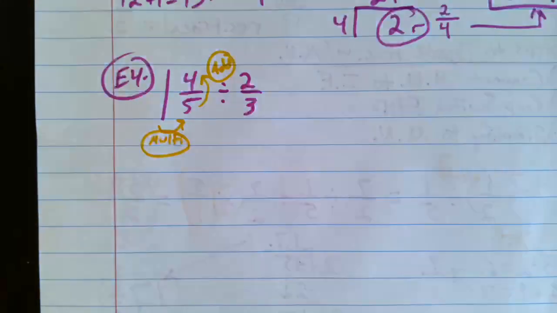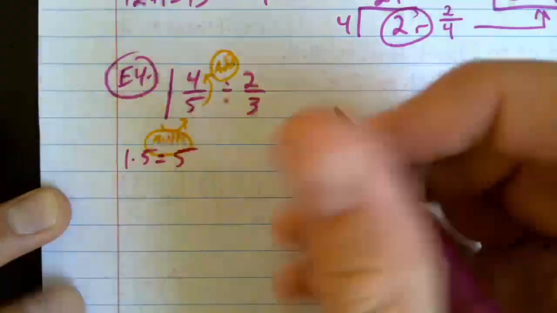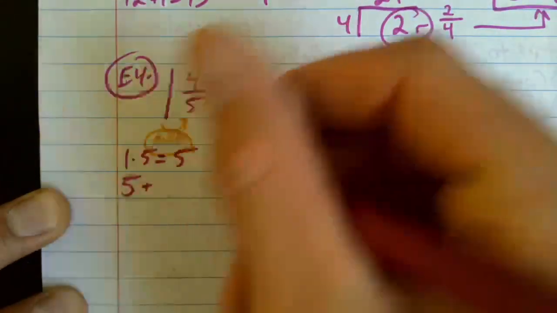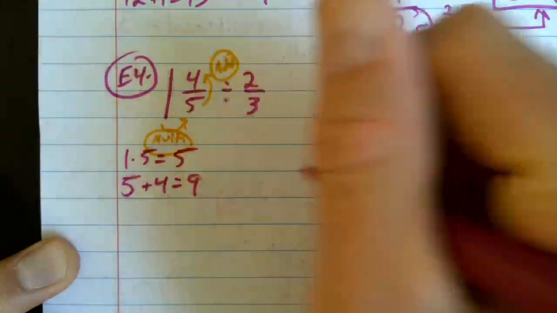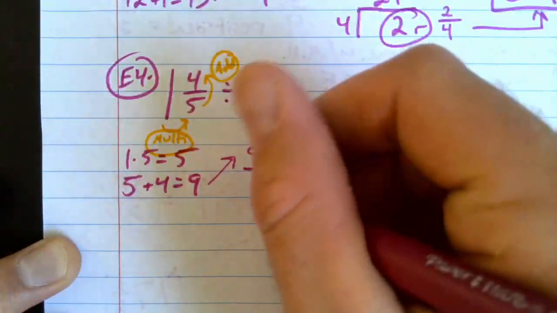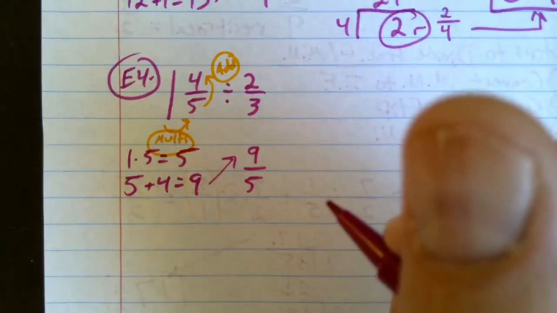Draw your arrows and then just write add. And then just multiply it out. 1 times 5 gives you 5, and 5 plus 4 gives you 9. So your mixed number to an improper fraction is now 9 over your denominator, which is 5. 9/5.